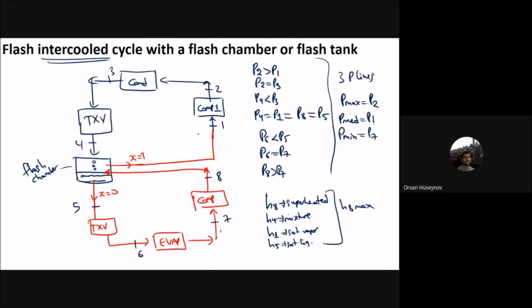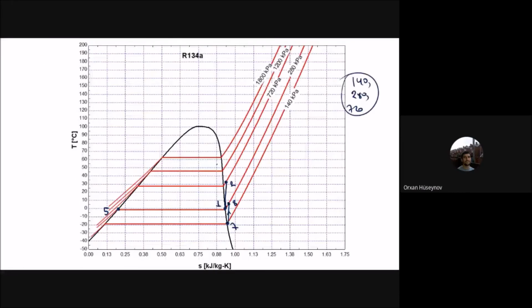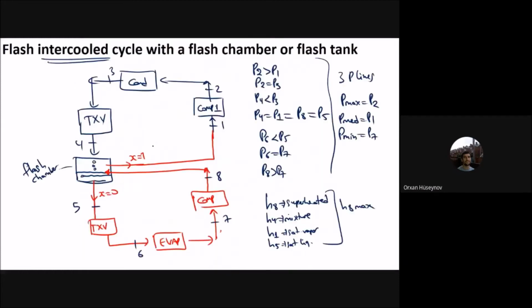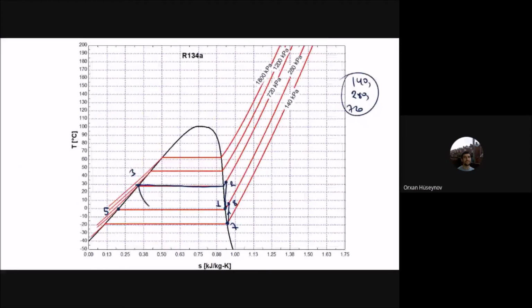Then from 2 to 3 you will have the condenser stage. From 3 to 4 you will have the thermal expansion valve. For this thermal expansion valve, you will have 2 components here.